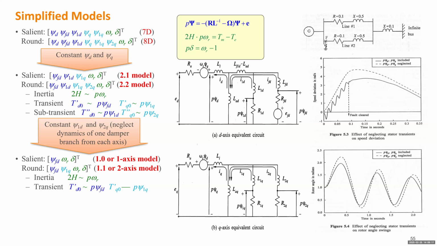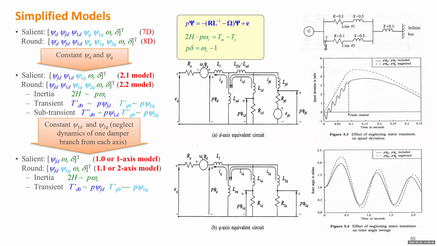Next, you can eliminate the subtransient dynamics, which means in the state vector, you can ignore the damper winding in each axis. For the cylindrical rotor generator, you only have the flux linkage of the field winding together with omega and delta.